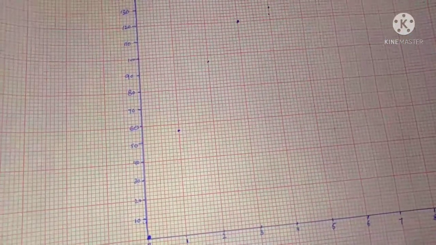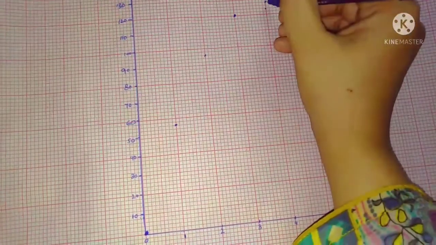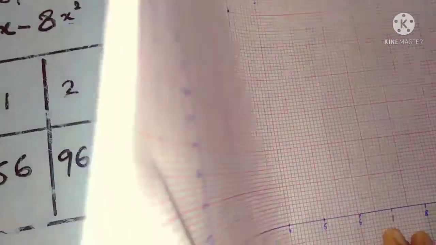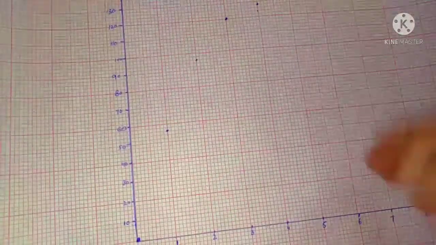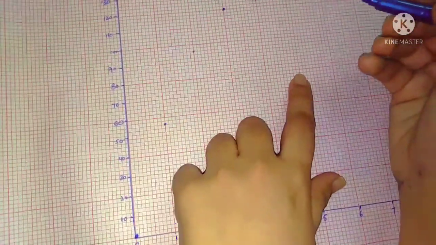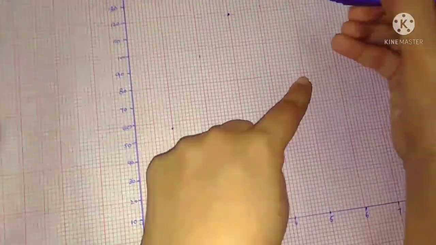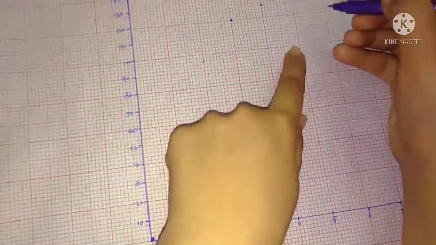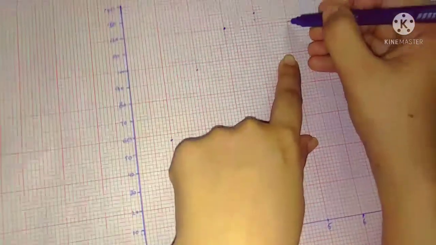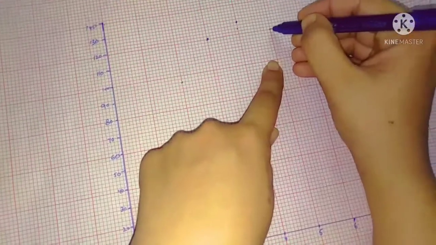Students, so this is the point. On 5 it's again 120, so go straight up till 120. This is the point.